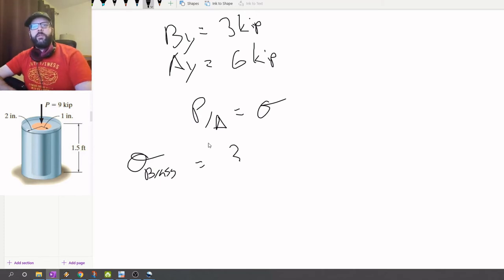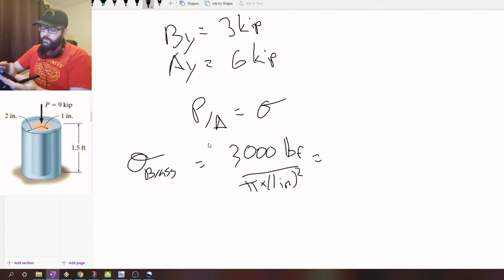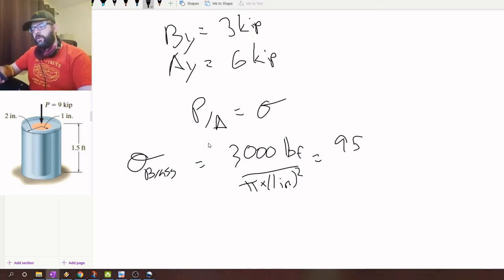That's going to be 3,000 pounds divided by pi times 1 inch squared. So 3,000 divided by 3.1415 gives us 955 psi, pounds per square inch.